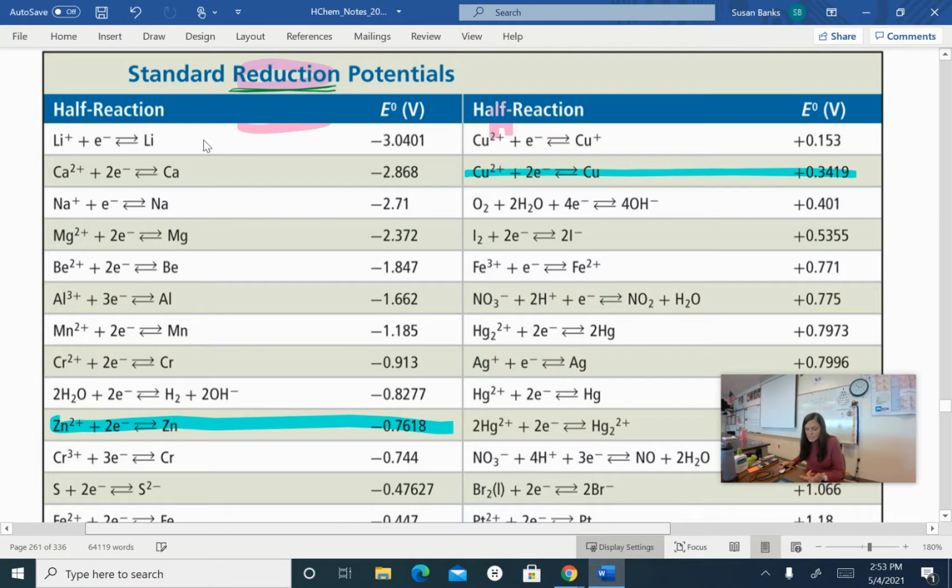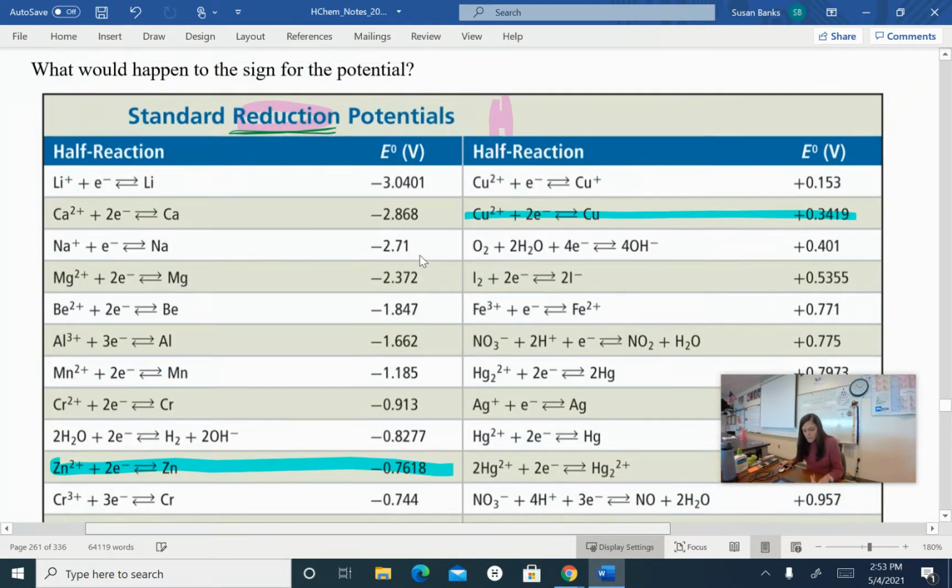Okay, and you'll notice that some of these are positive and some of them are negative. So lithium, for example, is about negative 3. Calcium is about negative 2.9. Sodium is negative 2.7. And then you'll notice we have all kinds of different values. We have just ions, and then we have water going to hydrogen and hydroxide.